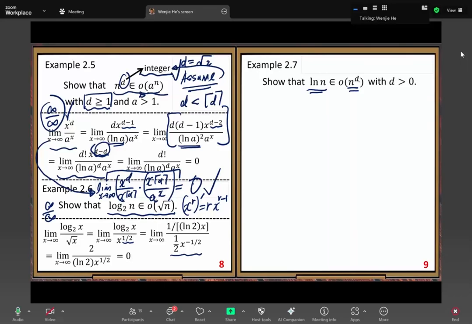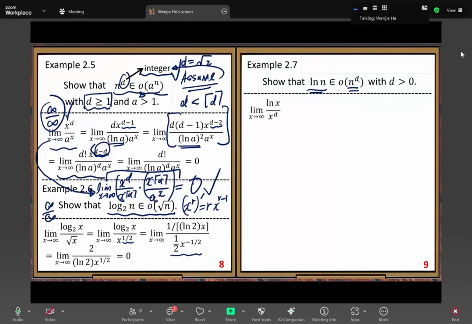We only require that d is positive, d greater than 0. That's all we need. Then we want to show natural log of n belongs to little o of n to the d.